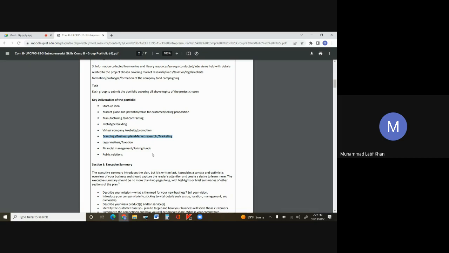And then you need to write, because it's a proposal, it's not the actual business, legal matters and taxation: registration of employees, registration of land, registration of money, registration of equipment, registration of technology. Have you registered all these things?